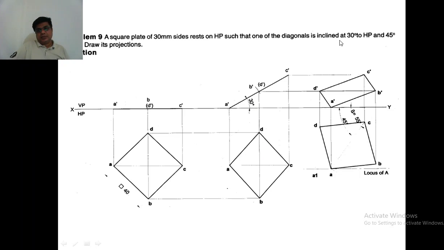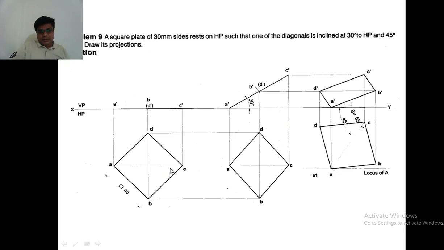So next, the diagonal is inclined at 45 degree to VP. Here observe this point: the diagonal AC, you know that the length is reduced now. So this diagonal AC, you have to make it 45 degree to the vertical plane. You can draw it this side or this side, no problem.